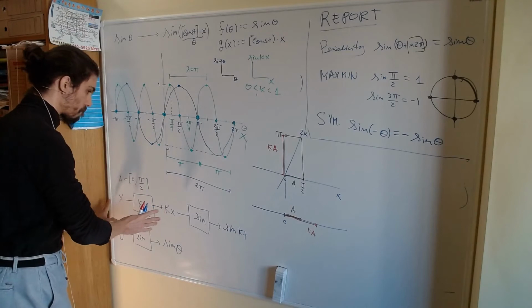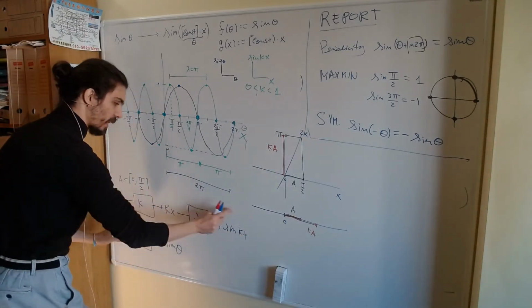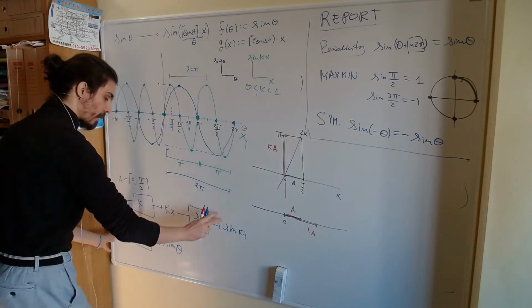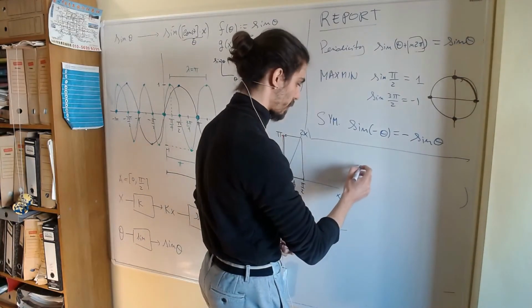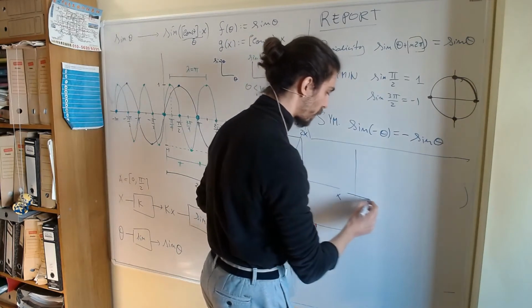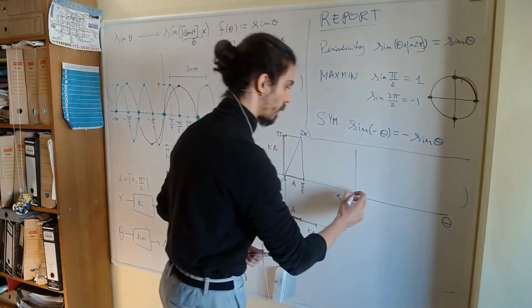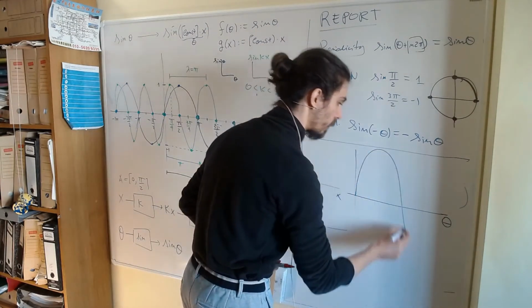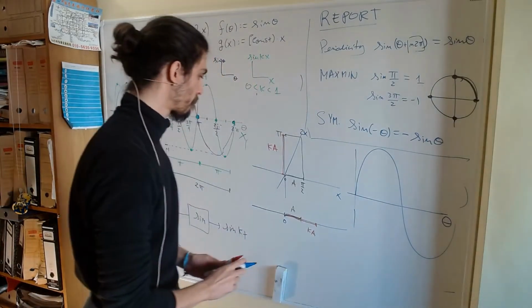Now, let's analyze the second function, which is a sine. Let me just draw it. The sine, let's just focus on the positive part of the sine. I don't need anything else. Like this. Let's exaggerate a little bit.